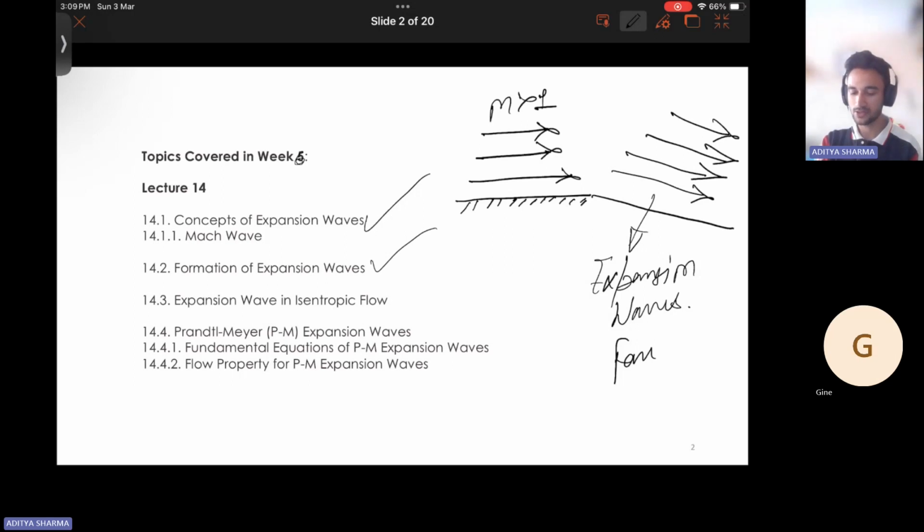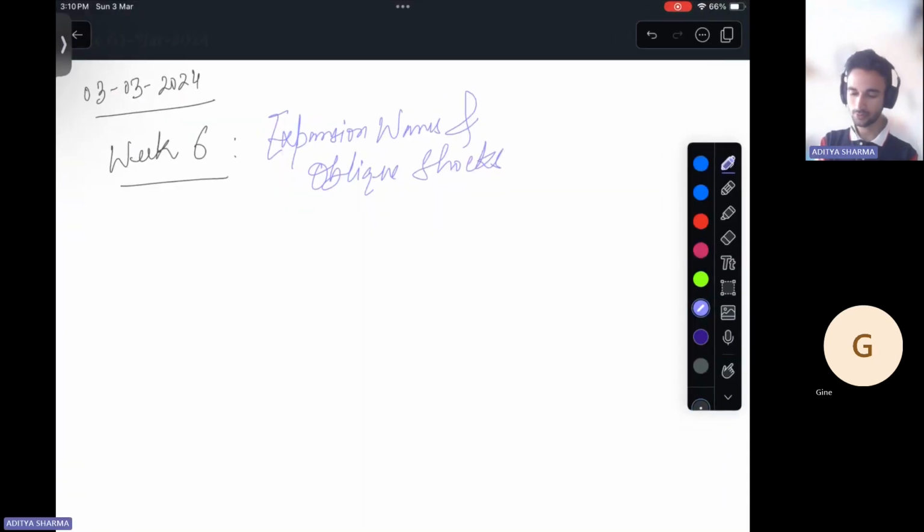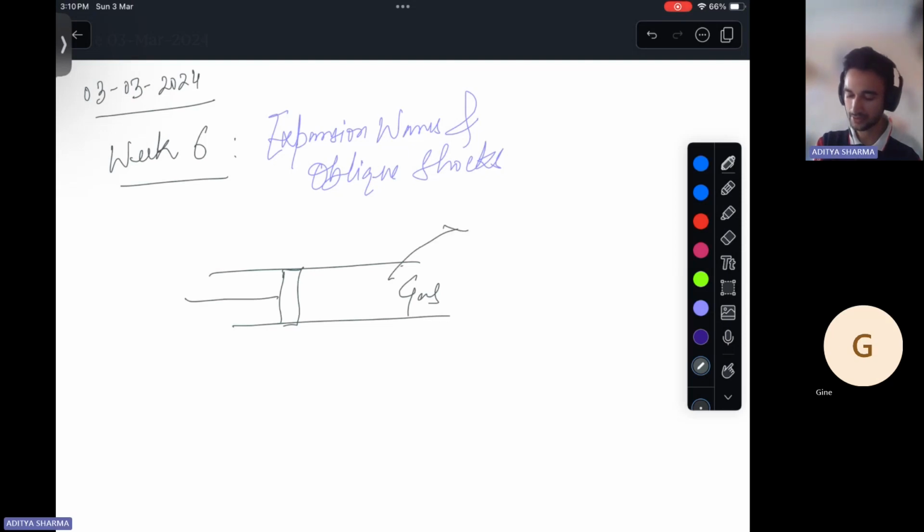Then we studied how the expansion waves are formed. If gas is here and this is a piston, the gas has some initial pressure. In the normal shock modeling, to understand normal shocks, we moved the piston in the right direction.